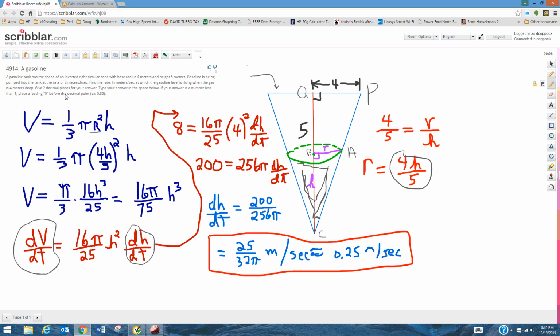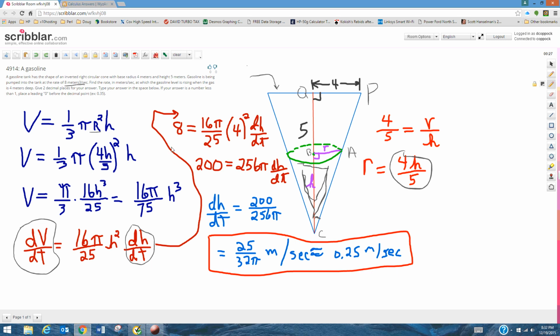That's this 8 cubic meters per second. When we take the first derivative of the right side, we get 16 pi over 25 times H squared times the derivative of H with respect to T. In other words, if H is a function of time, it's kind of like using the chain rule here. We're taking the derivative of H with respect to T, and this is what we want to solve for.